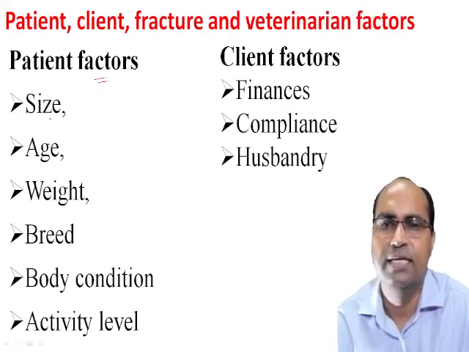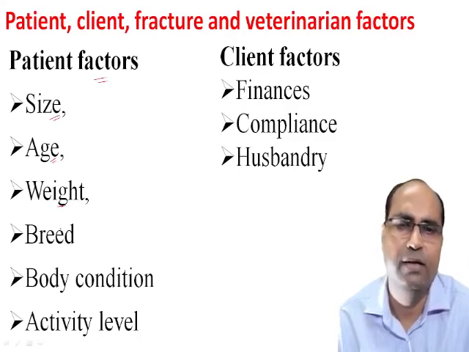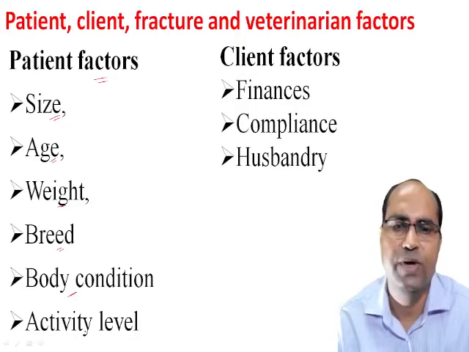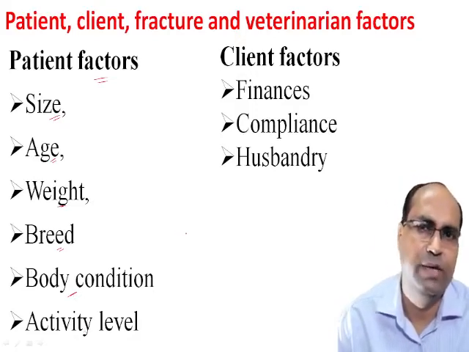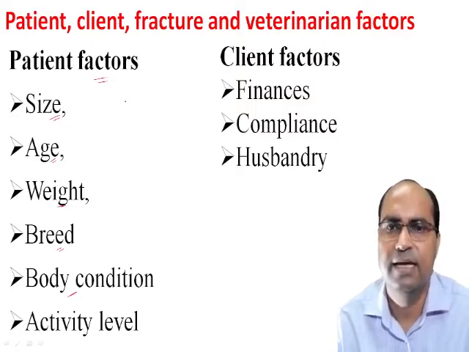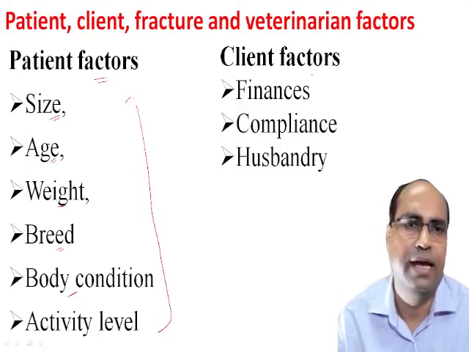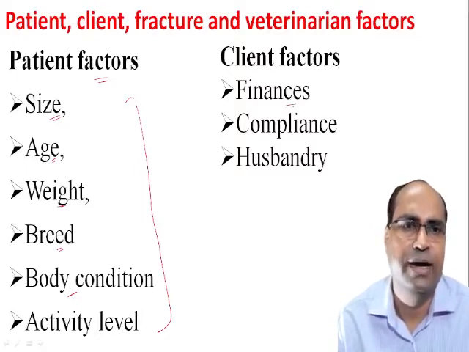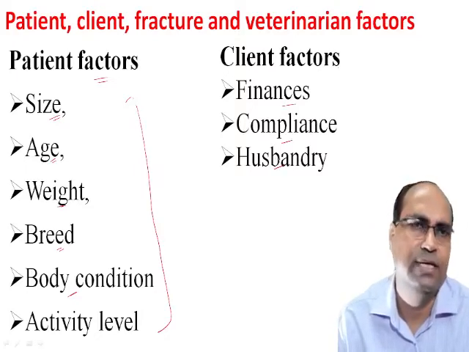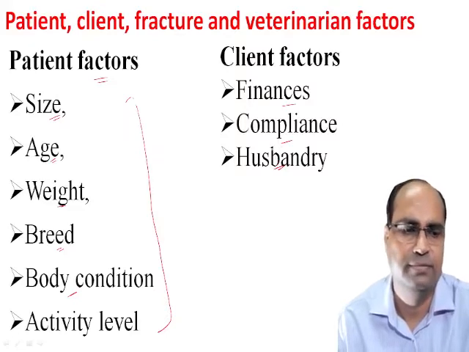Patient factors are the size, age, body weight, breed, body condition, as well as the activity level of the animal, which should be considered while selecting an immobilization technique. The client factors include the finance, compliance, and husbandry practices adopted by the animal owner.